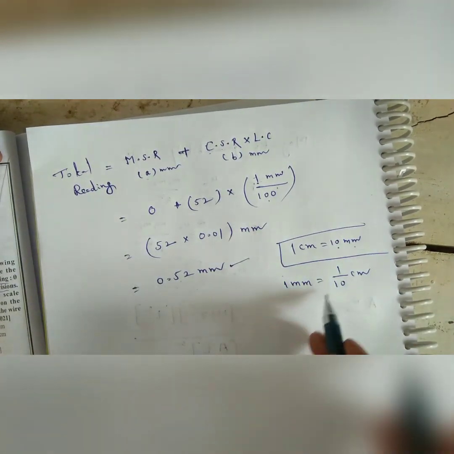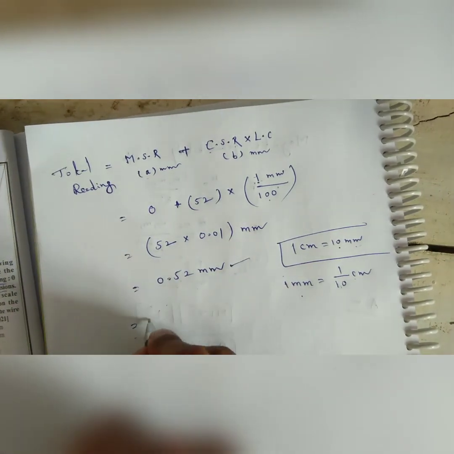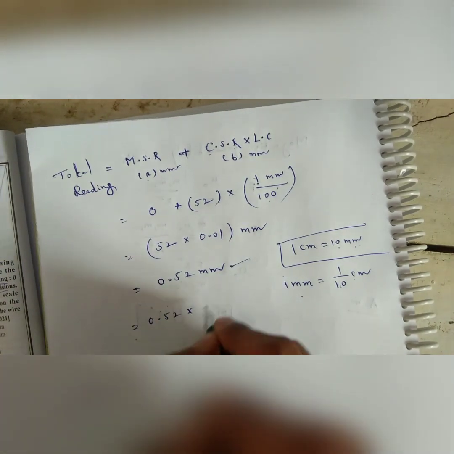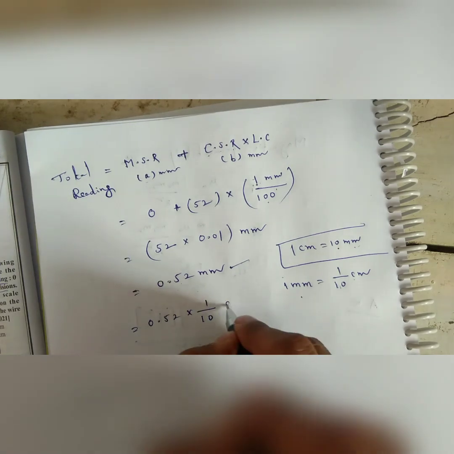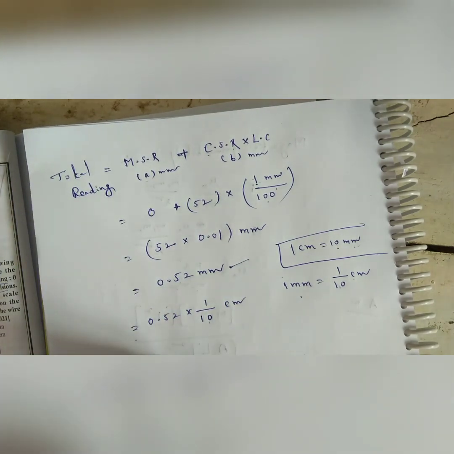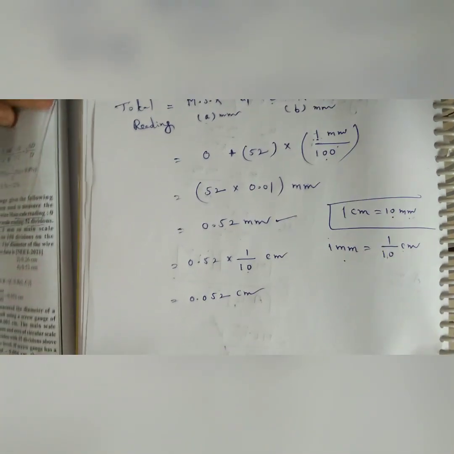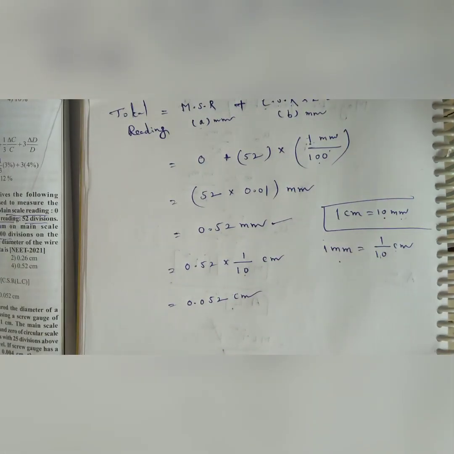So multiply 0.52 by 1 by 10, and the decimal point moves one more digit backward. So 0.052 centimeters is the total reading of the screw gauge.